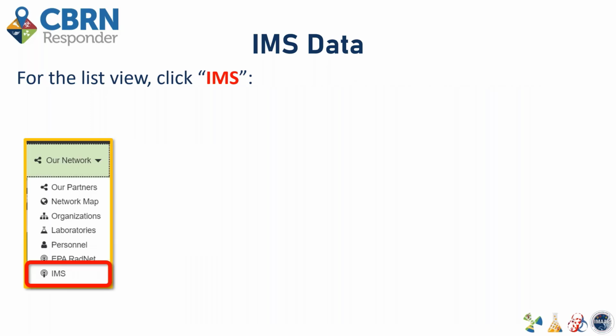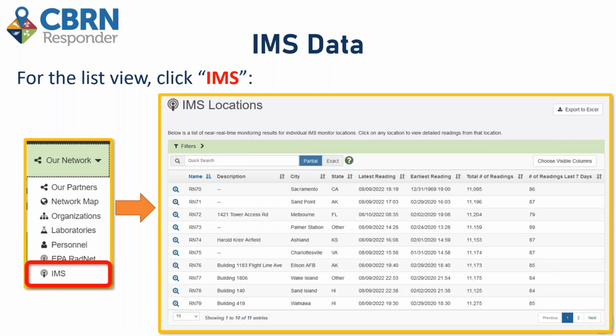If I want to view it from that tabular section, I will click the IMS from the Our Network tab. And then this is where all of the IMS locations are. So we do have only 11, but again, these are the US-based ones and not the ones from other parts of the world, but we do still provide these for you.